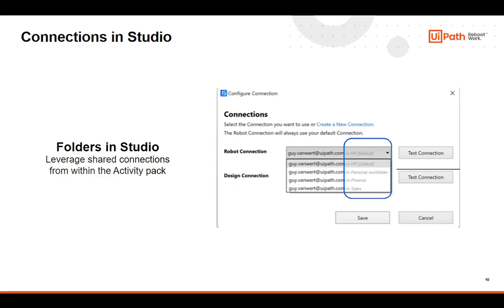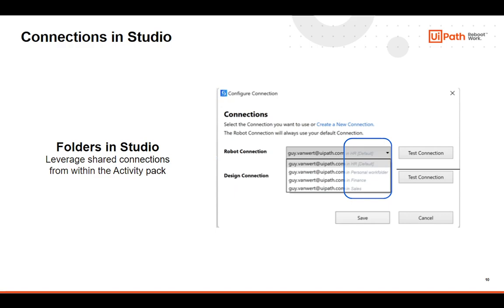So in this example, I am using my Salesforce connections, and I created them over a variety of folders. I specifically took this as an example because my guide at vanwert@uipath.com has the exact same name.